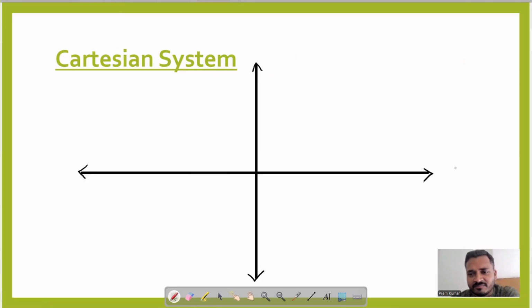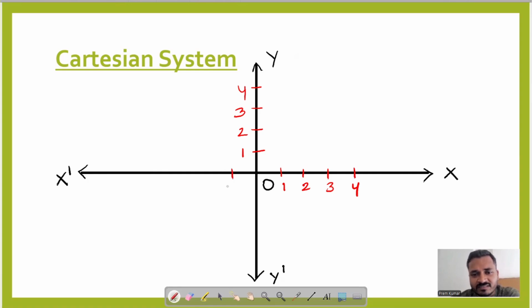So in Cartesian system, this is x, o, x dash, and this is y, o, y dash, right? Now I already told you, right side, this is +1, +2, +3, +4, and so on. Upward side, +1, +2, +3, +4, and so on. Left side of x-axis, it is negative, -1, -2, -3, -4, and so on. And downward side will be -1, -2, -3, -4, and so on. I hope it is clear, right?